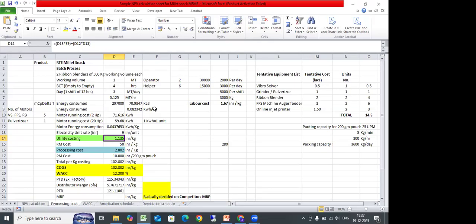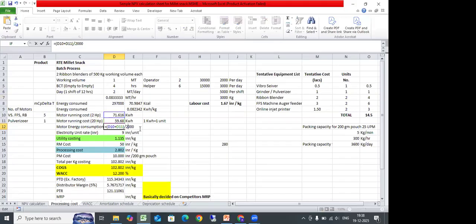Mind you, this is with a capacity of 3,000. If you go down on capacity, the processing cost is going to rise, because I am dividing by the total manufacturing capacity. Am I clear to you guys? If manufacturing capacity goes down, your processing cost will go up. If instead I use 2 metric tons, I will divide each unit by 2,000.